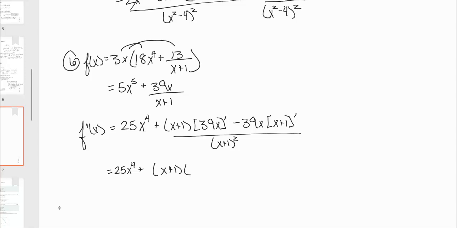The derivative of 39x is just going to be 39. And the derivative of x plus 1 is going to be 1 plus 0, which is 1, over x plus 1 squared. Let me clean up this term.